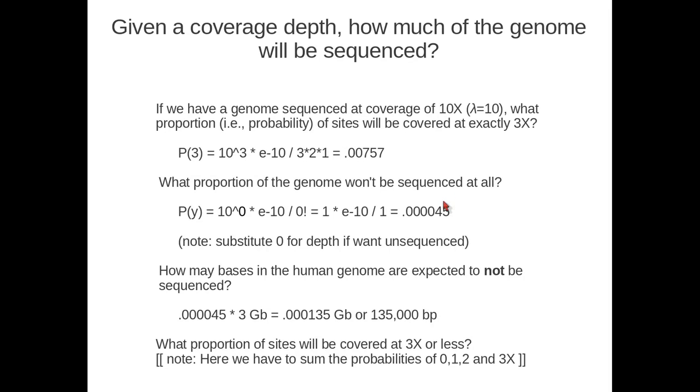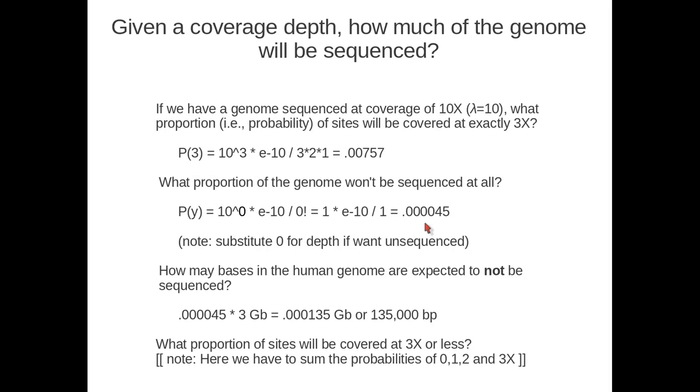Again here, notice that instead of substituting 3 for y, what I've done is to substitute 0. The 0 factorial, by the way, is 1. And so here's the 1. And so you can do the math on that. Just plug and chug, really, and the answer is less than 1 in 10,000 sites would not be sequenced at 10x.